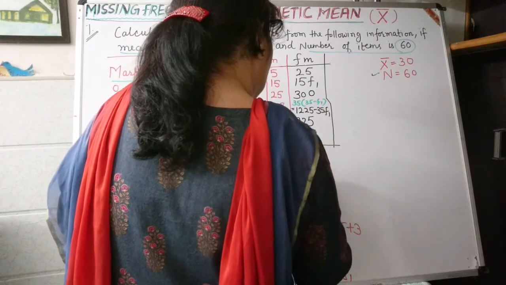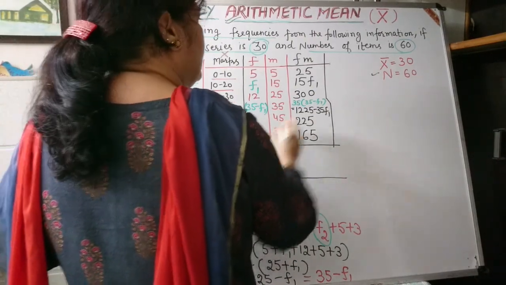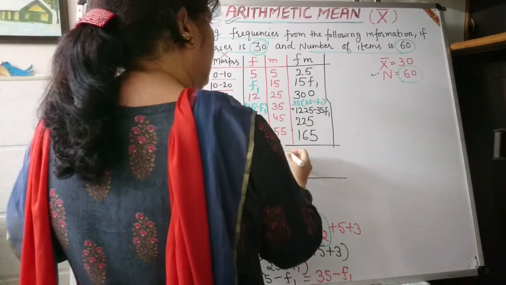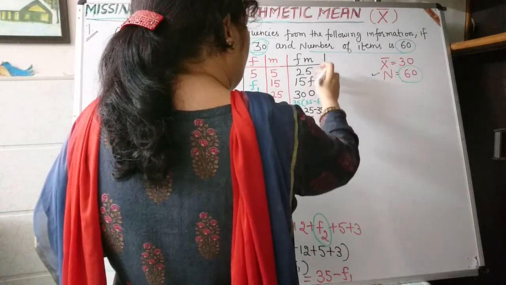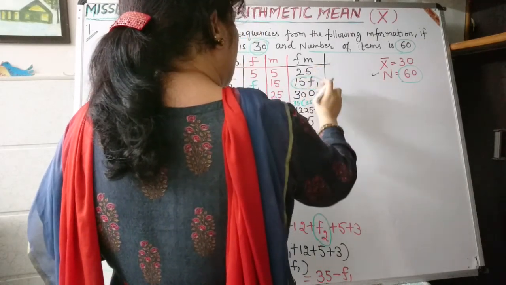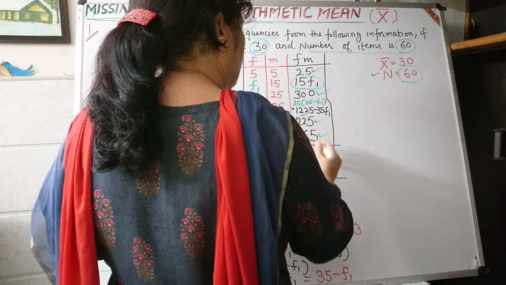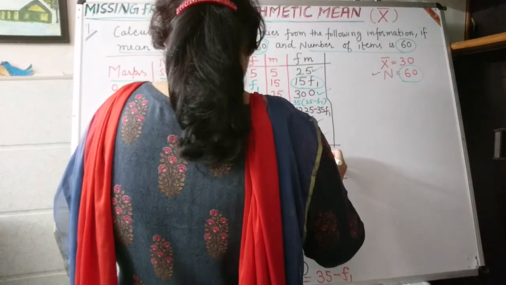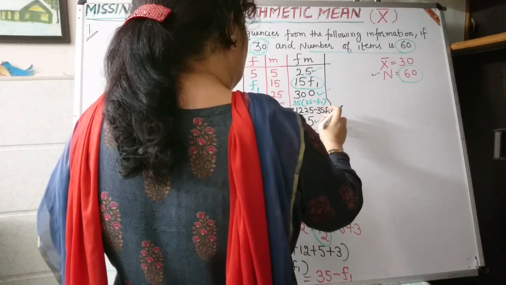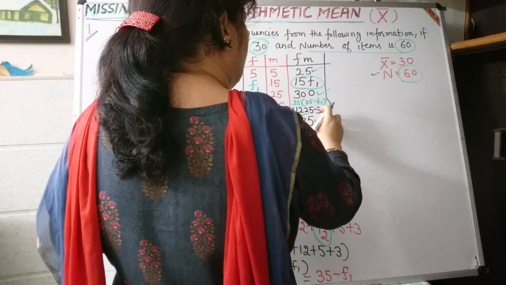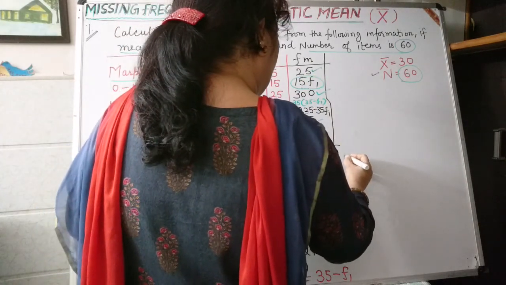Now let us sum up all the values. The summation of f, or N, is 60, that is given, and sigma fm, if we sum up all the values, 25 plus 300 plus 1225 plus 225 plus 165, would be equivalent to 1940 minus 35 F1 plus 15 F1, so it will be 20 F1.